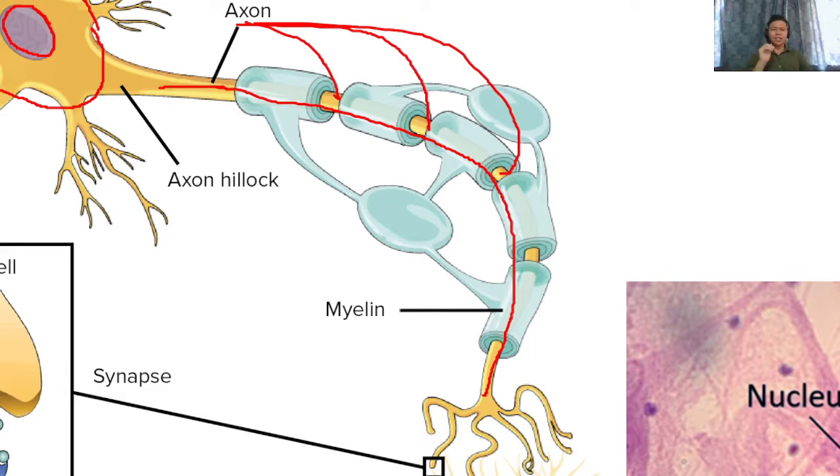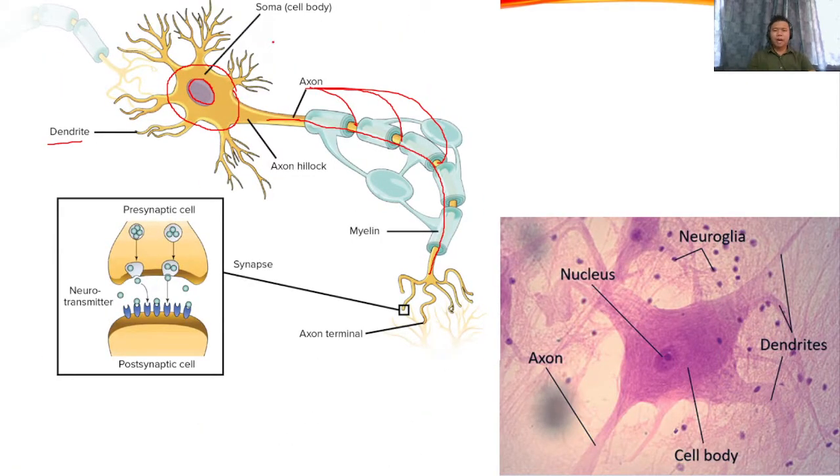received can travel faster. So here we have the basic components of a nerve cell. We have the cell body containing the nucleus. We have the dendrites, which are the branching projections in the soma, and also we have the tail called the axon.